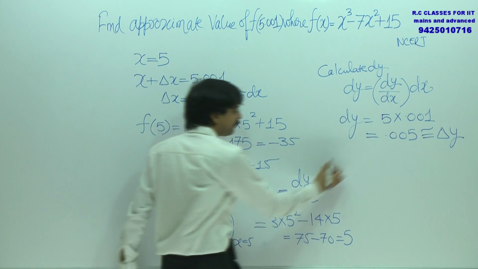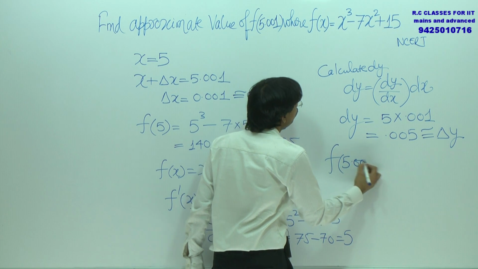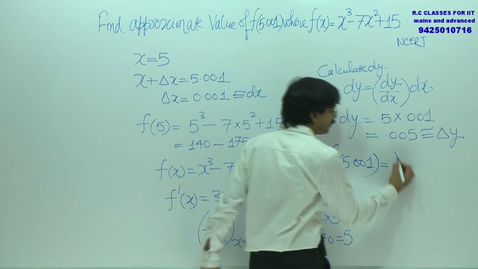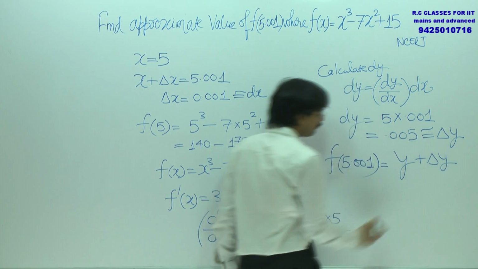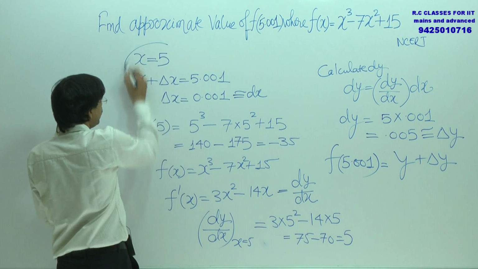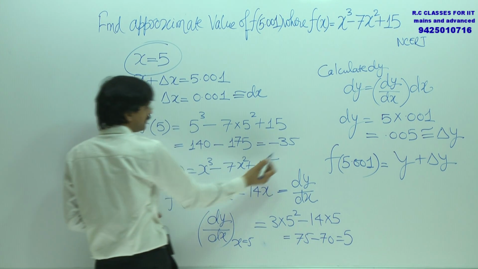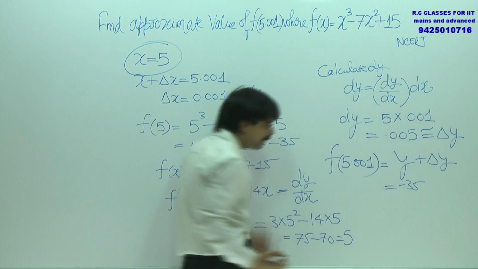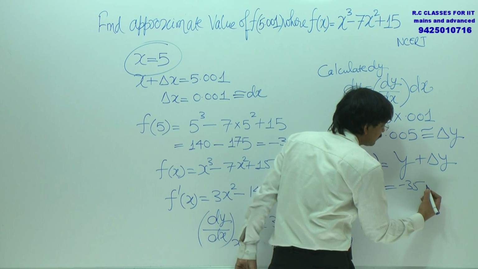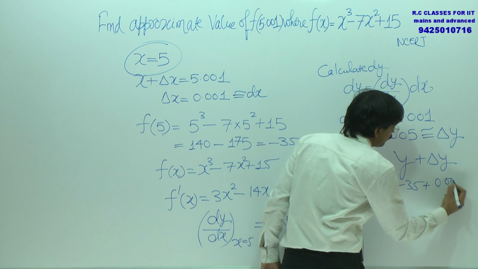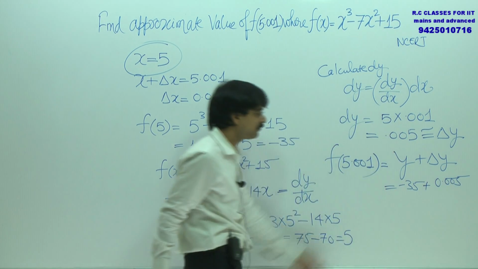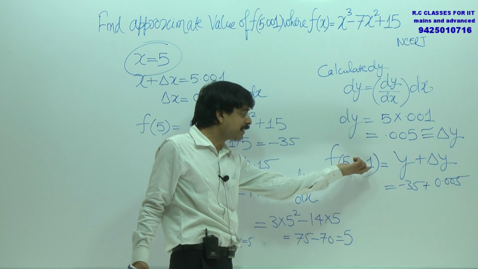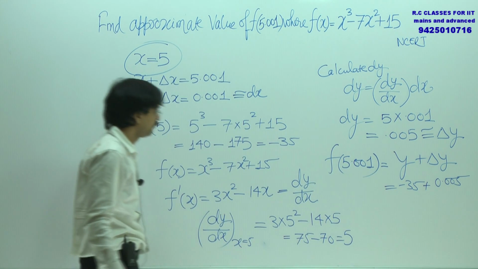We want to calculate f of 5.001. So f of 5.001 is nothing but y plus delta y. Y is the value of that function at x equals 5, which is f of 5, minus 35. And that dy, which is equivalent to delta y, is 0.005. And if you calculate that, you are going to get the approximate value of f of 5.001. That is the approach.